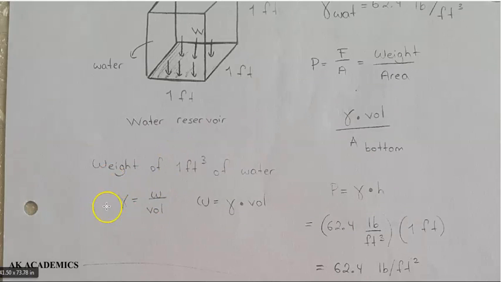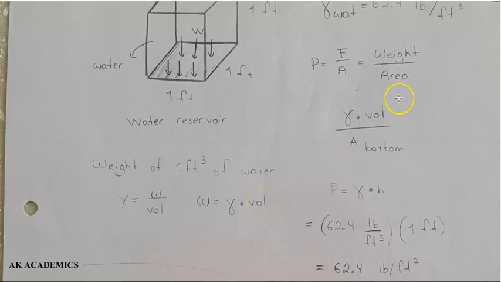If rearranged, we can make W, the weight of the water, equal to specific weight of water multiplied by the volume of water. So if we come back to this equation right at the top that says pressure is equal to force over area, we can replace the weight right here with specific weight multiplied by volume.